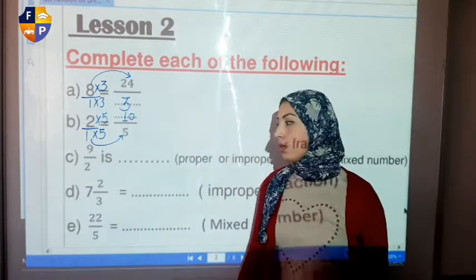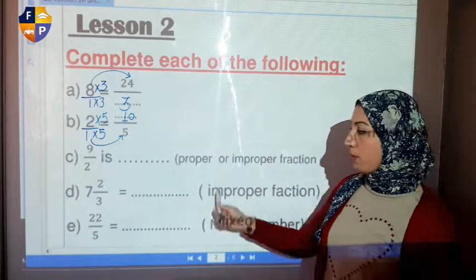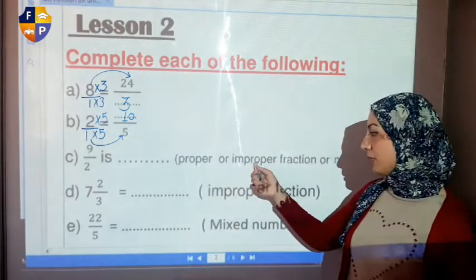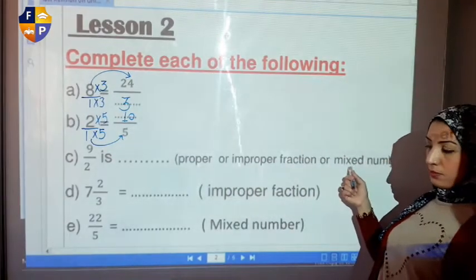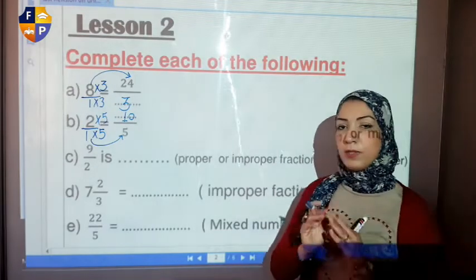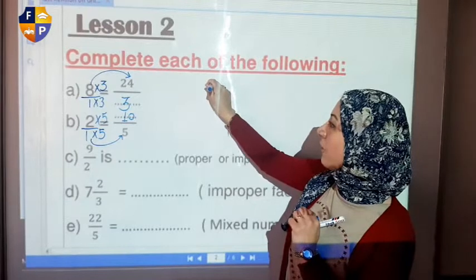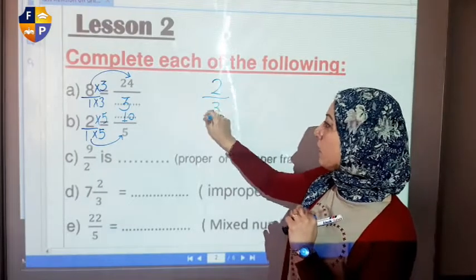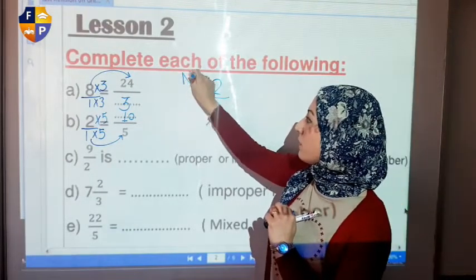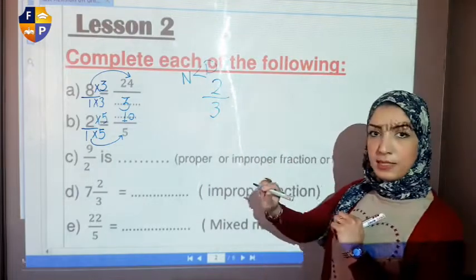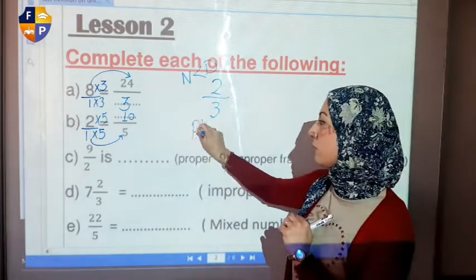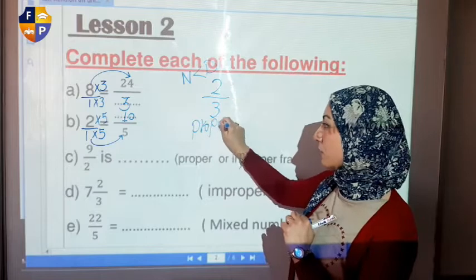Next one, is 9 over 2 a proper fraction, improper fraction, or mixed number? All of you know that we have three types of fractions. The first, if you have 2 over 3, numerator smaller than denominator. In this case, this fraction is called a proper fraction.